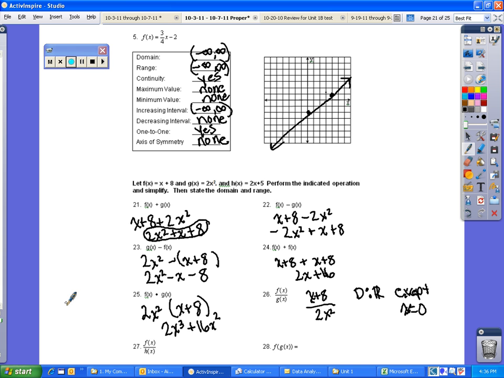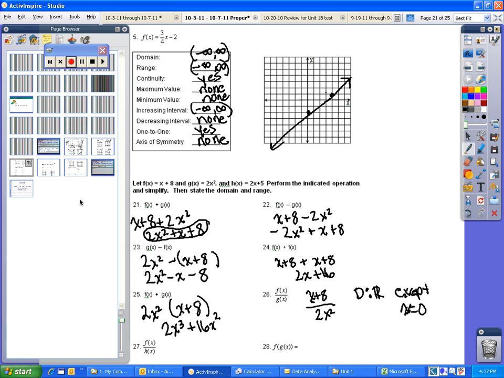f of x divided by h of x is going to be x plus 8 over h of x, which is 2x plus 5. Now again, you're going to ask yourself, when is 2x plus 5 going to equal 0? So I'm going to go up here now and solve the equation. Now it's a two-step equation.